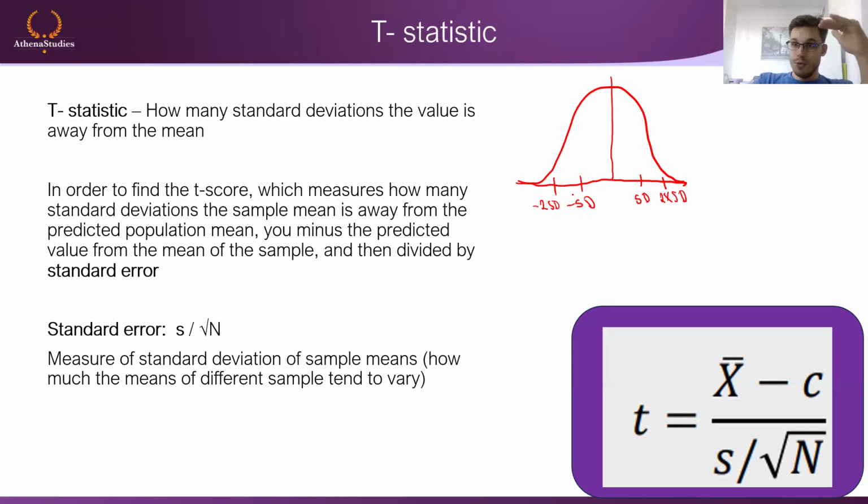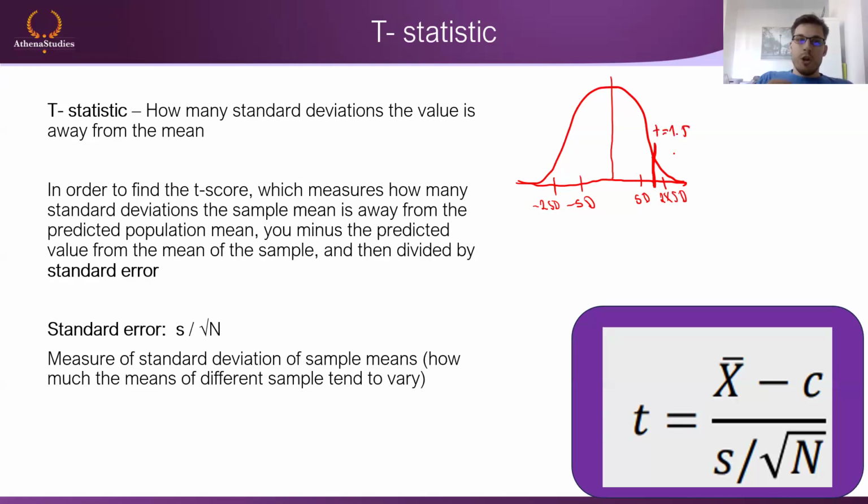If you remember those, this is basically a graphical representation of this. So how many standard deviations is the value away from the mean? If your value has a t-score of 1.5, it is located exactly here. Okay, so this value is t equals 1.5.